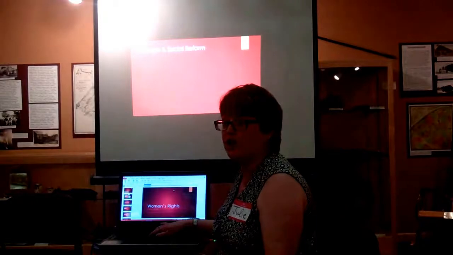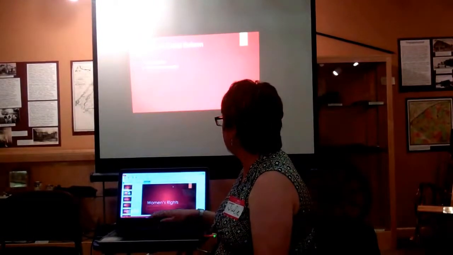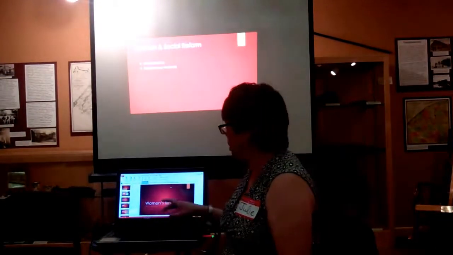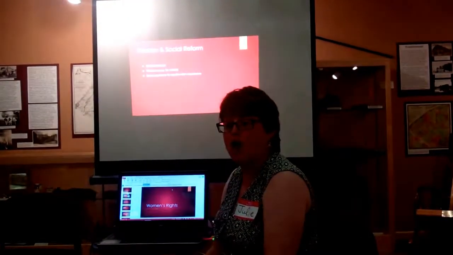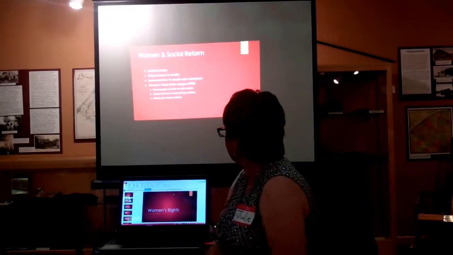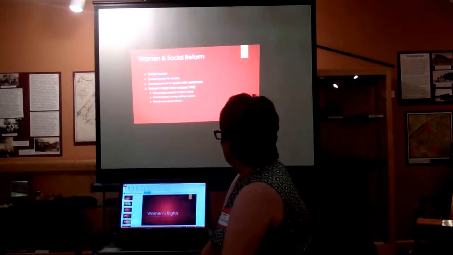Women were also interested in other types of social reform. So they would do things like volunteer to staff libraries, they raised money for charity, they sponsored laws to require safe workplaces, and actually formed their own trade union in 1903.